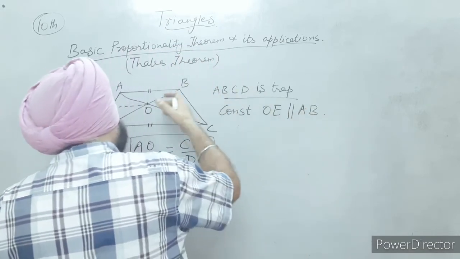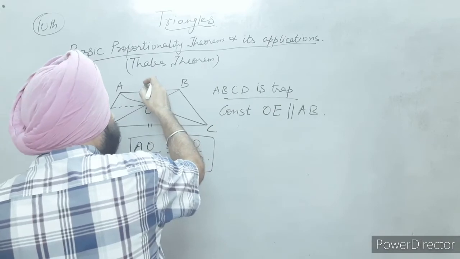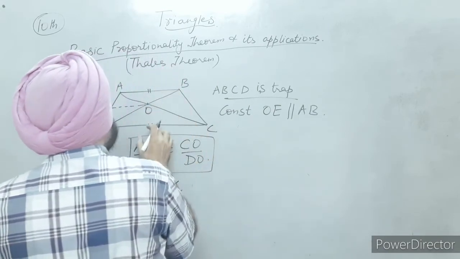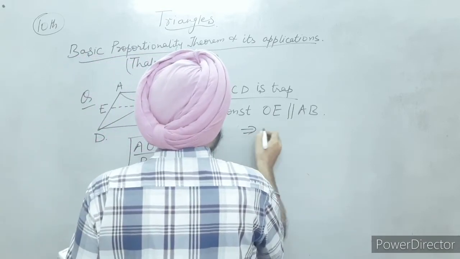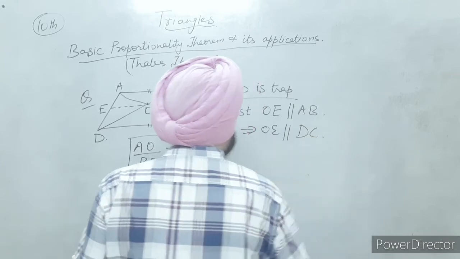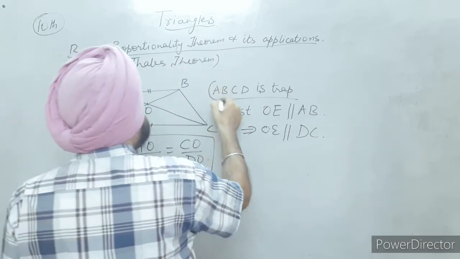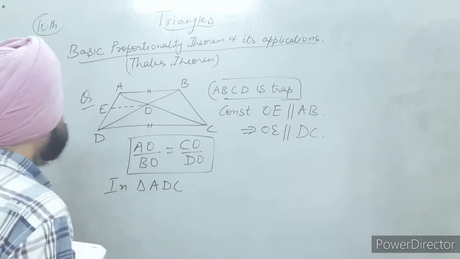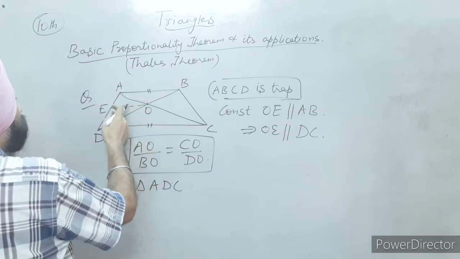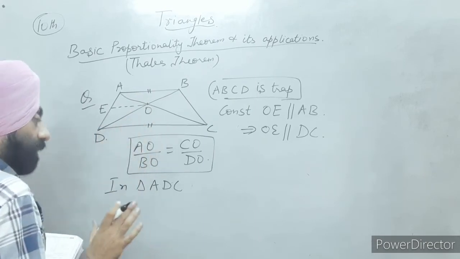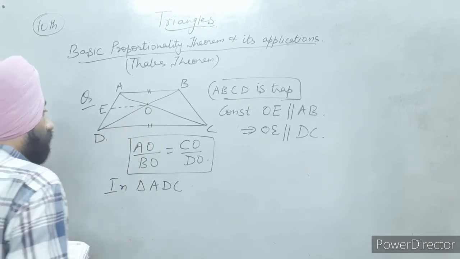Now if OE is parallel to AB, then it is also parallel to DC. Why? Because AB is parallel to DC, which means OE is again parallel to DC. Because it's a trapezium, the opposite sides are parallel. If we draw anything parallel to AB, then it automatically becomes parallel to the other side of the trapezium.